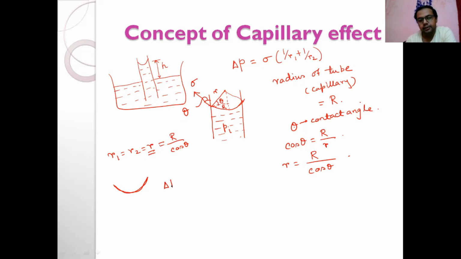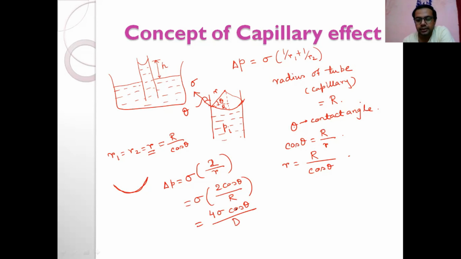So delta P you can write as sigma into 2 by r. 2 by r means 2 cos theta by R. Better to write it as 4 sigma cos theta by D, where D is the diameter of the capillary tube.